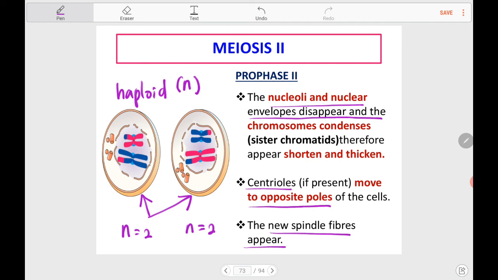So semasa meiosis 1 tadi sudah berlaku crossing over, sudah ada exchange of genetic material. So the same cell will continue in meiosis 2. So kalau ada genetic differences between the daughter cell due to meiosis 1, so maksudnya genetic differences tu pun akan carry forward dalam meiosis 2.